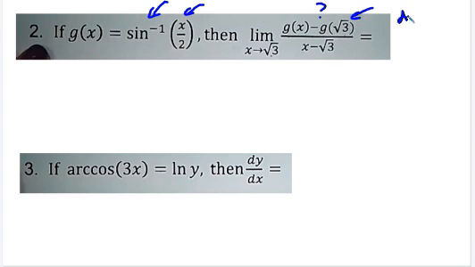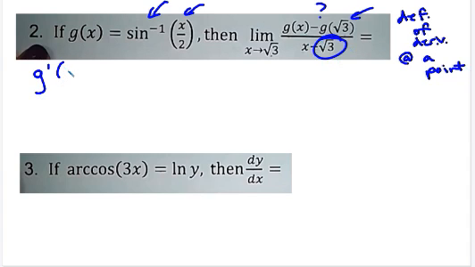So what it's really asking is, what is g prime of the square root of 3?